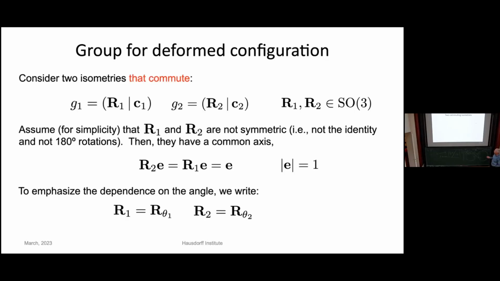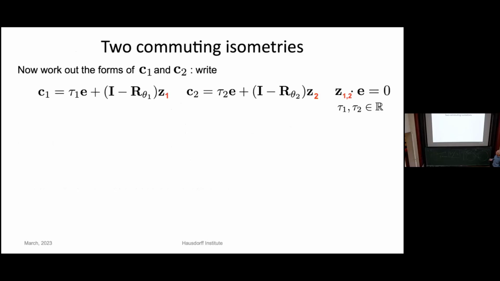Now, I'm just trying to figure out when these two isometries commute. A necessary condition is that, at least in that case. And then we have the C1 and the C2. There are going to be restrictions on C1 and C2 coming from the fact that they commute.